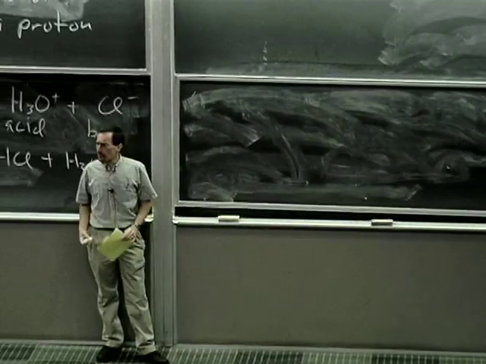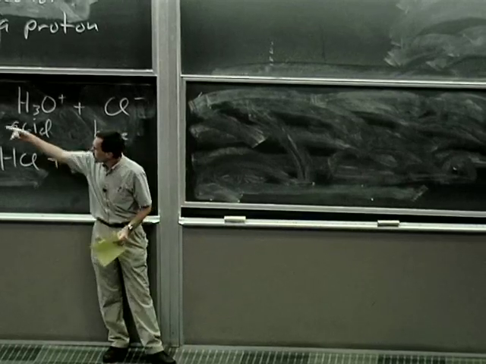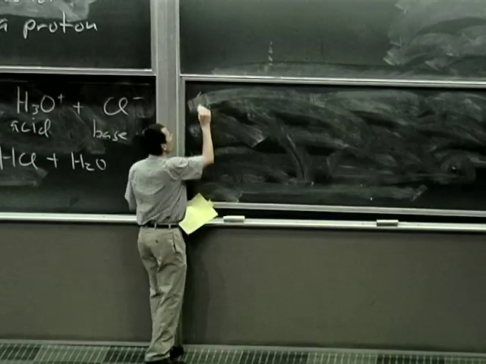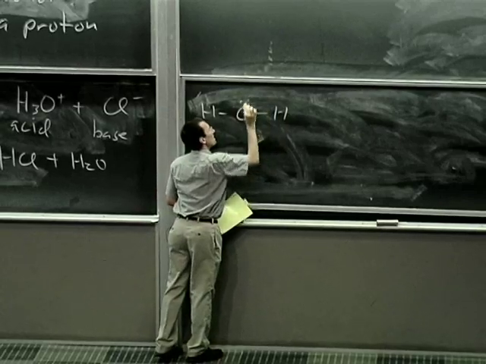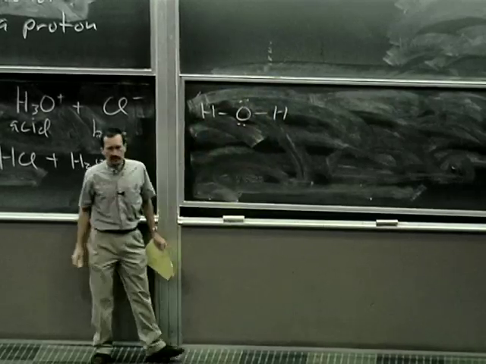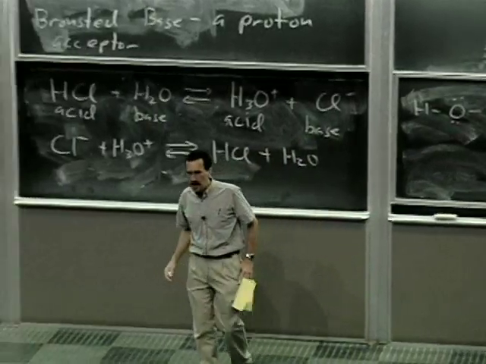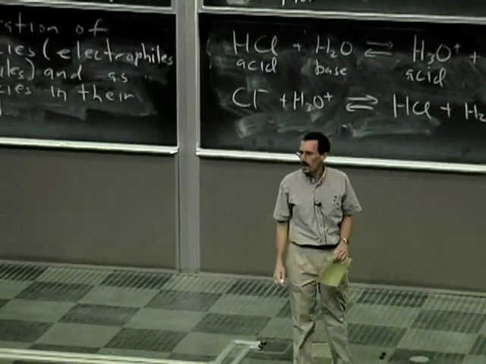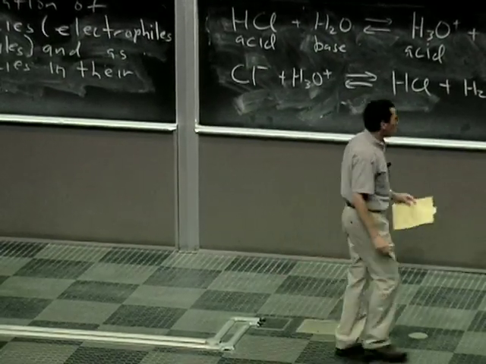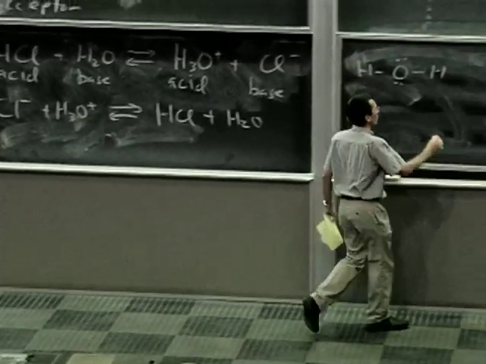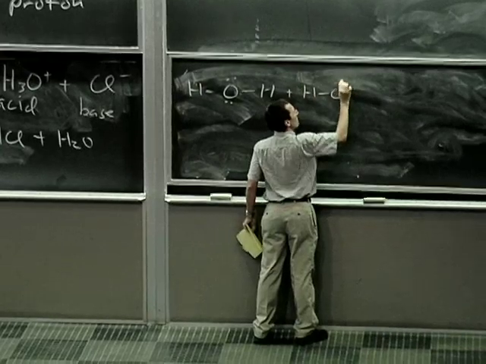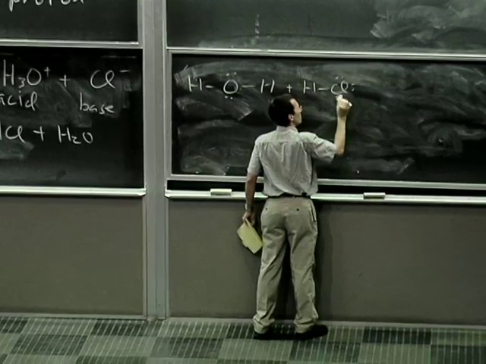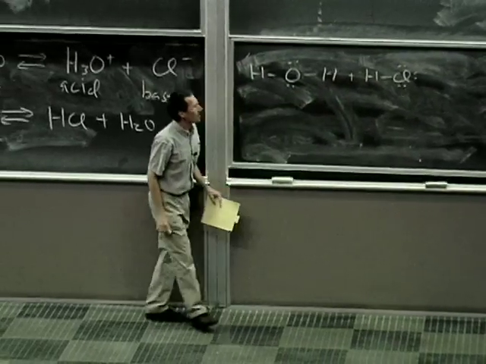So I'm going to now draw the water very explicitly. I'll draw all bonds and lone pairs of electrons so we can see how bonds are made and how bonds are broken. I'll do the same for hydrogen chloride, remembering to draw in my 3 lone pairs of electrons around chlorine.